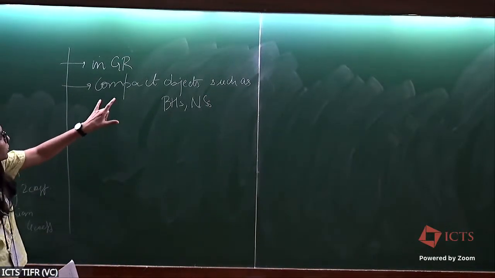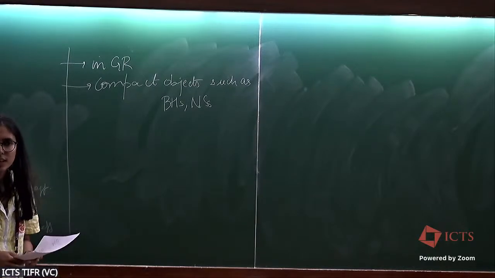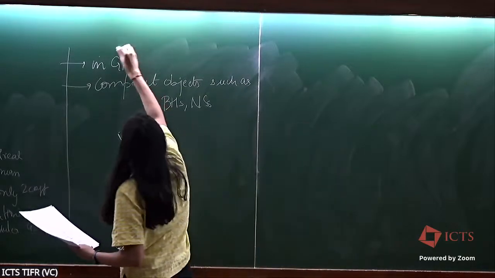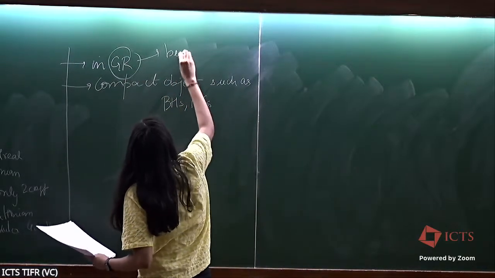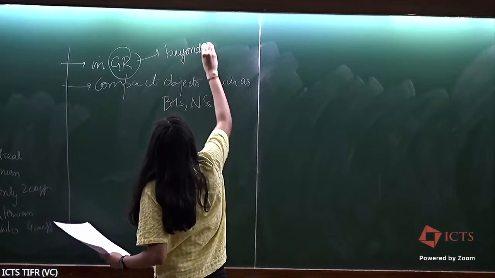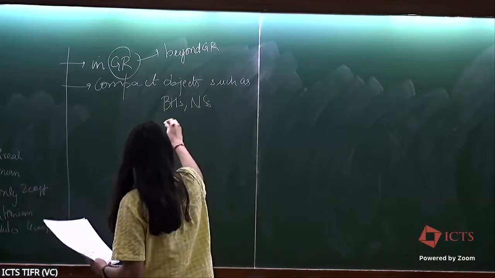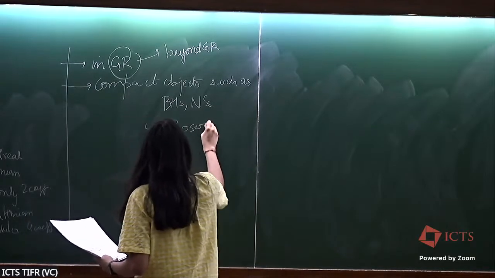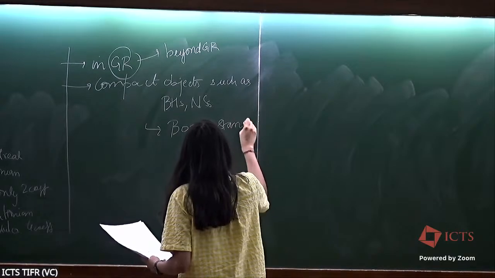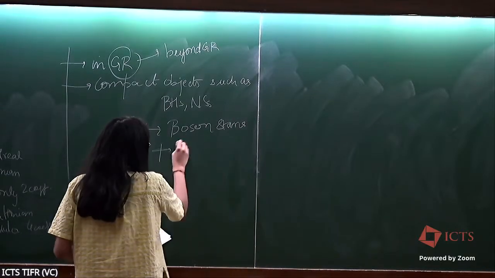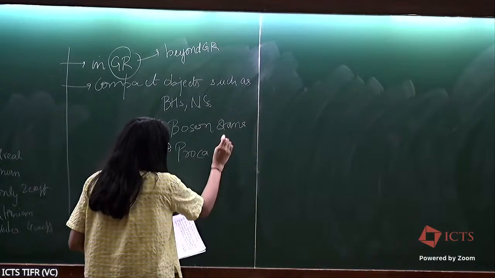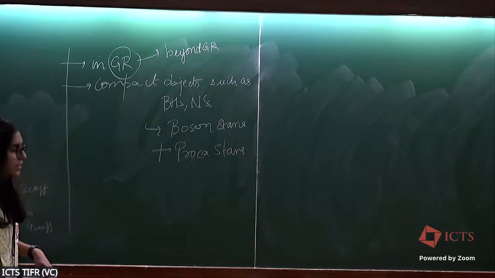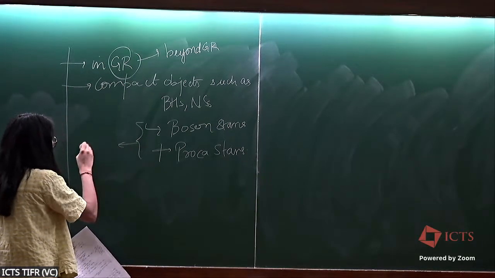But because of the observations from the cosmology side or theoretical inconsistencies, one would expect that there should be something which is beyond GR. And there could be other particles or other compact objects as well, such as boson stars, Proca stars or anything else, like exotic compact objects.